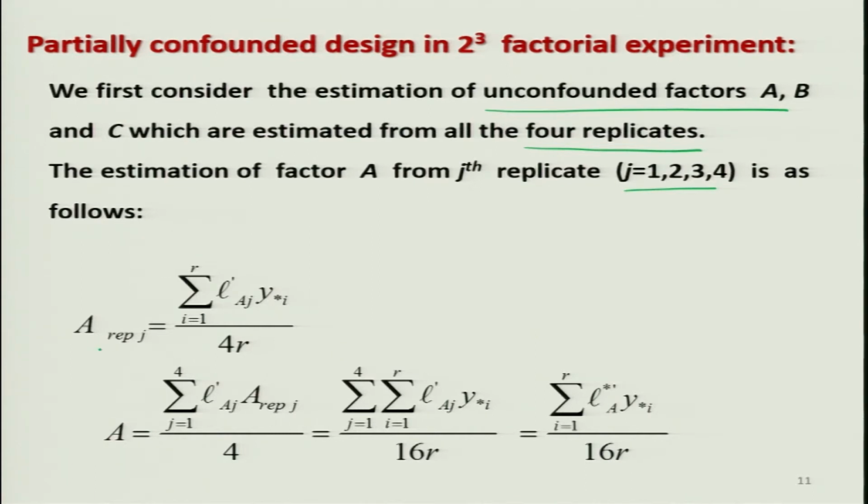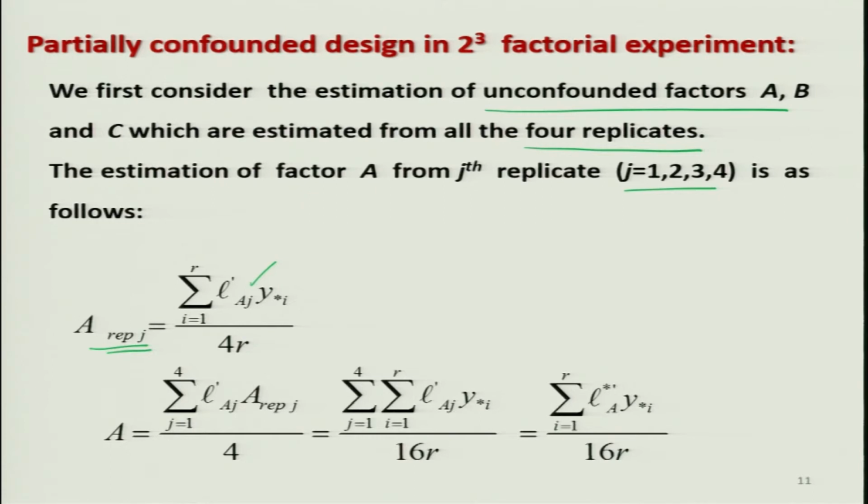The value of A from replicate j is the linear function summation i goes from 1 to r, L_Aj transpose y star i. Y star i is also a similar vector of observations on y, but now it will have 8 observations on 1, A, B, C, AB, BC, AC, ABC, right.